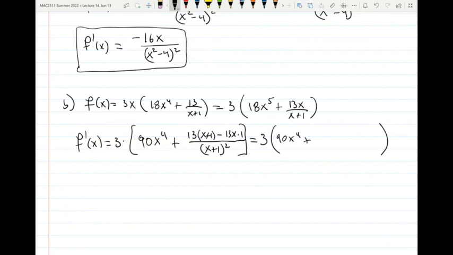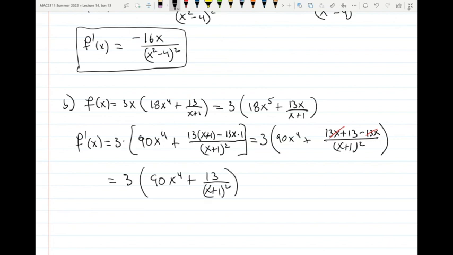We multiply it with the 1 over here. Let me write it down. So it's 13 over x plus 1 squared. So these guys cancel out. So we get 3 times 90x to the 4 plus 13 over x plus 1 squared.